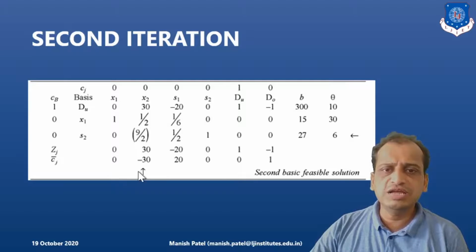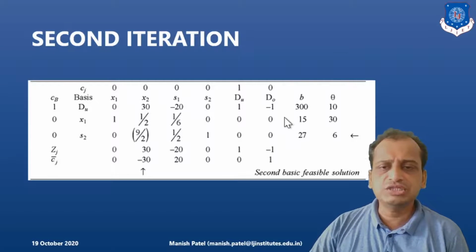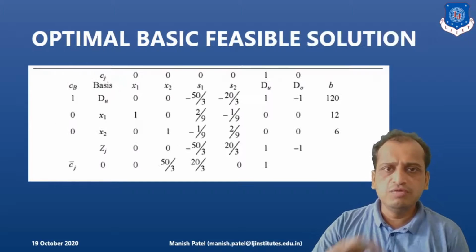So we will see the intersection point here, the pivot element of pivot column and pivot row is 9 by 2. So for the new elements of rows, we will divide 9 by 2 with the whole row, so we will get the new elements of this row, right? For this row, we have already discussed the formula in the previous lecture of simplex method, so that we will get the optimal basic feasible solution.